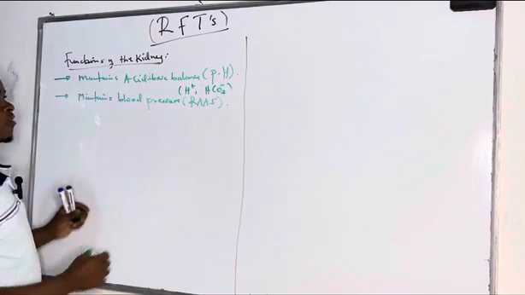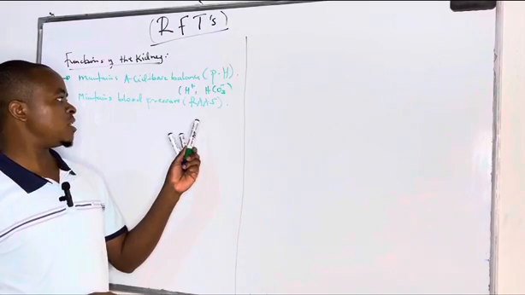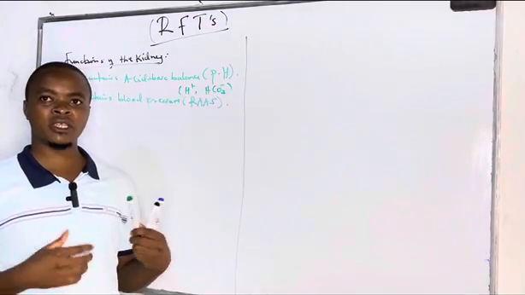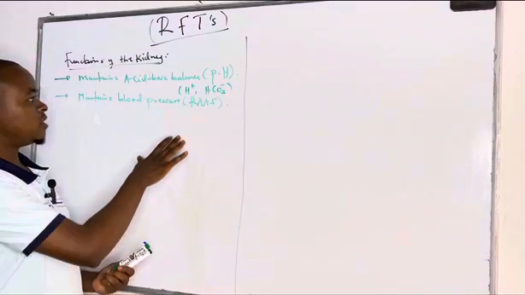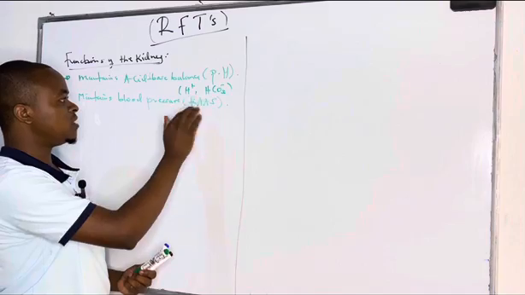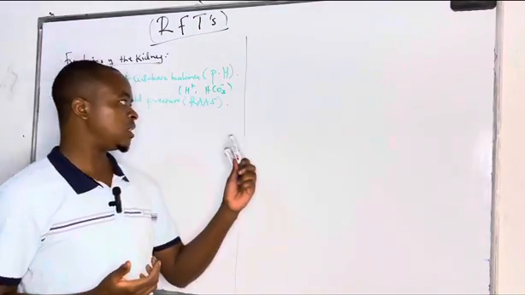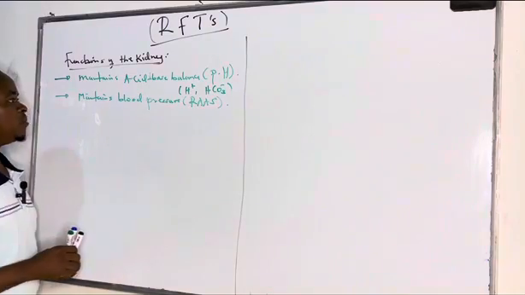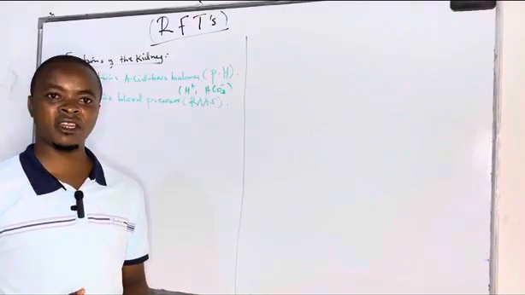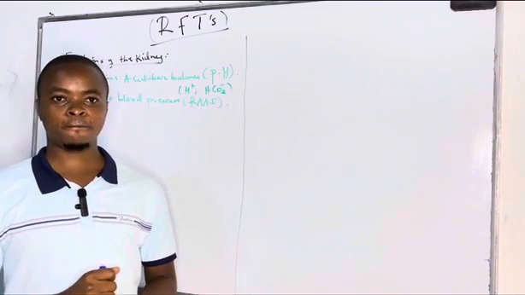The interplay of the renin, aldosterone, angiotensin system plays a big role, whereby the renin is going to convert angiotensinogen to angiotensin. Then we see the interplay of angiotensin, and this is what also enables the kidney to maintain blood pressure. So whenever you have kidney failure, you also see the problem of maintaining your blood pressure.